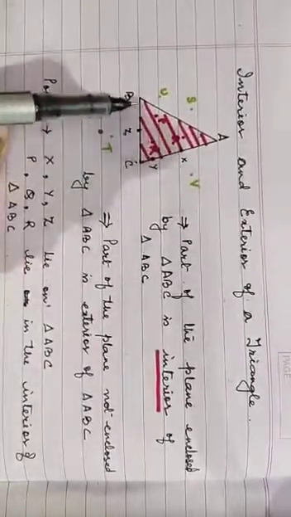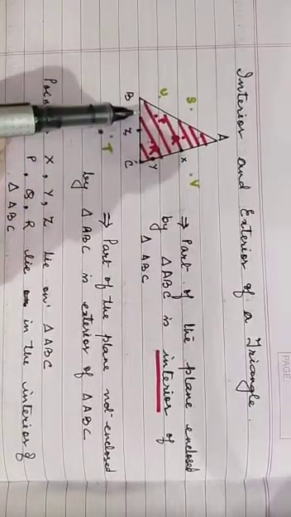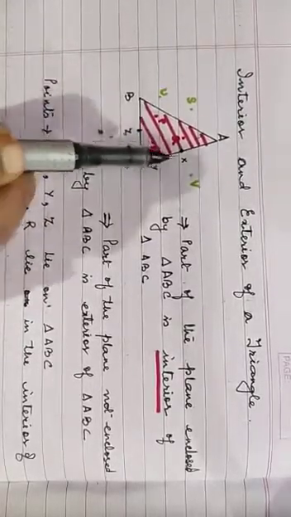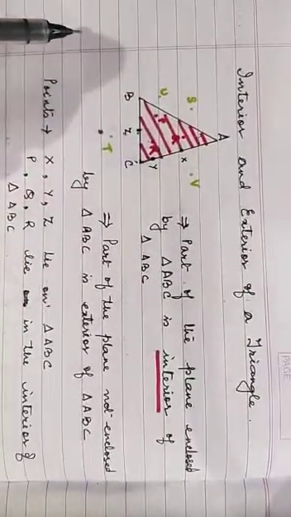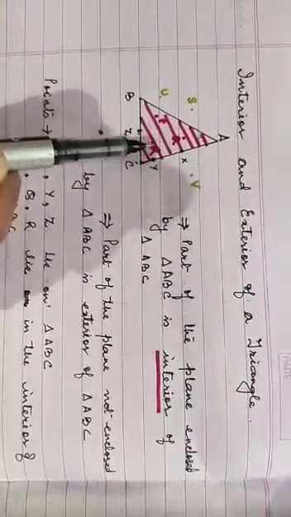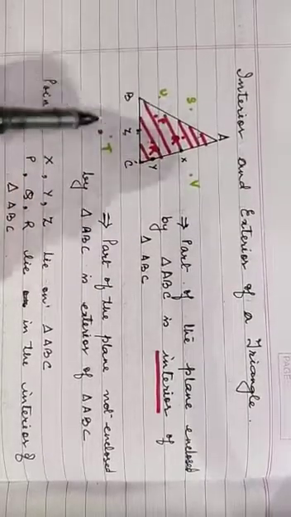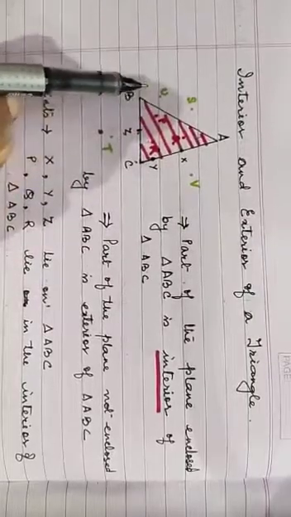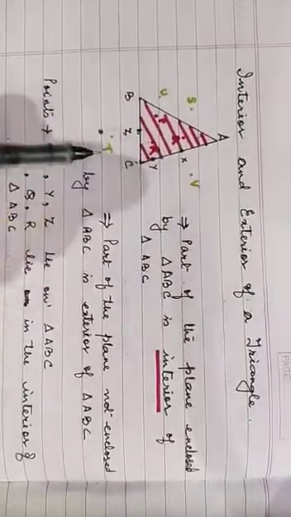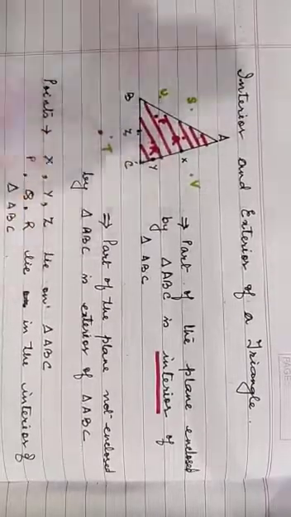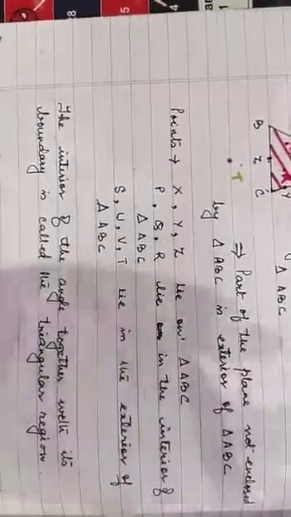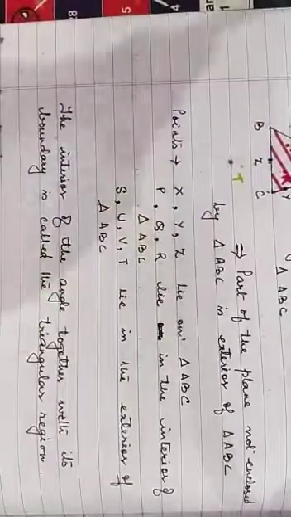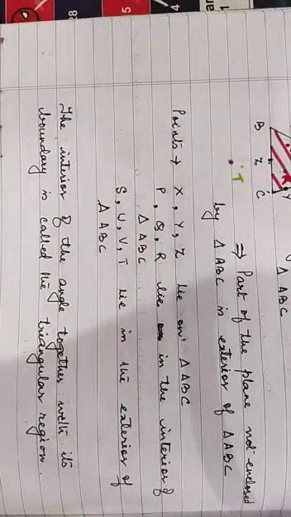So if I ask you to name the points that lie on the triangle ABC, then it is X, Y, Z. The points that lie in the interior of the triangle are P, Q, R. And the points that lie in the exterior are S, U, V, T. And what is the interior of the triangle along with the boundary known as? It is known as the triangular region.